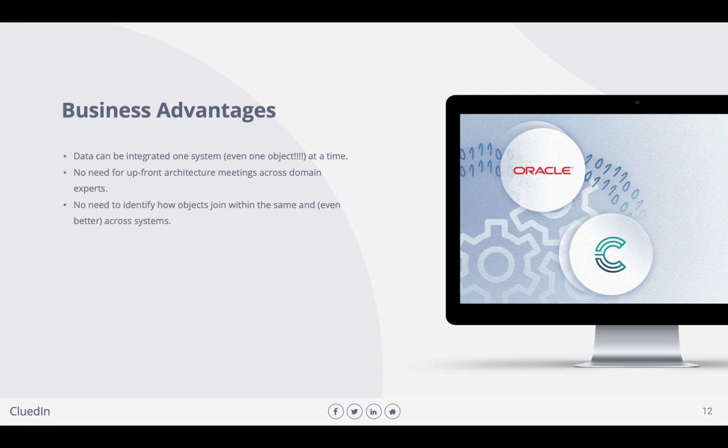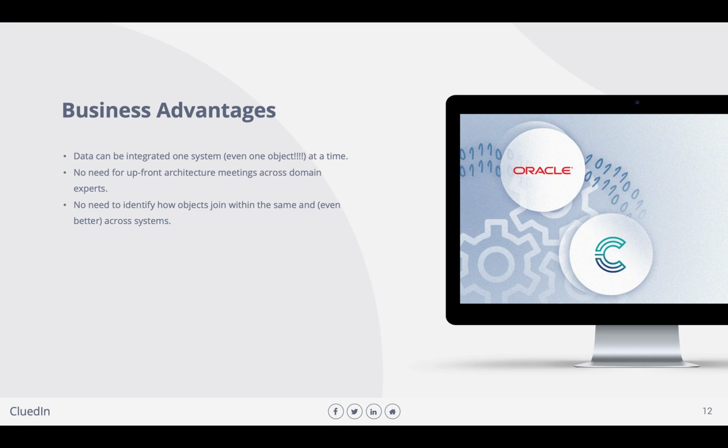So what this means is that although we need to talk to the domain experts, we don't need to have those upfront architecture meetings across domain experts. Because let's be honest, even though it's probably relatively easy to find the domain expert of one system, it's extremely rare to find someone at an enterprise business that understands domains across two systems.